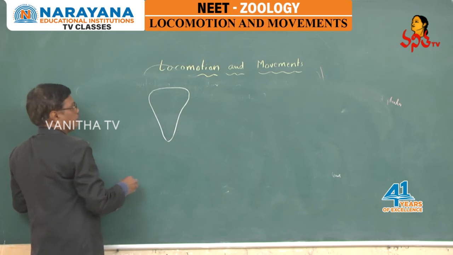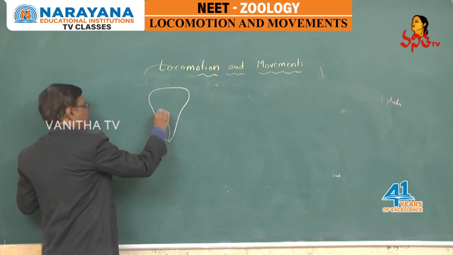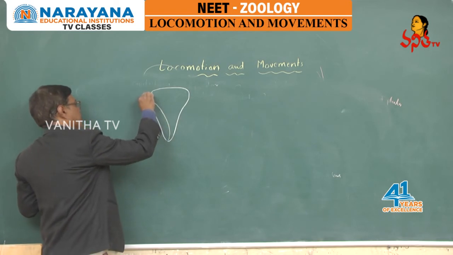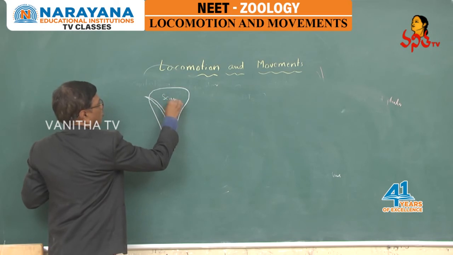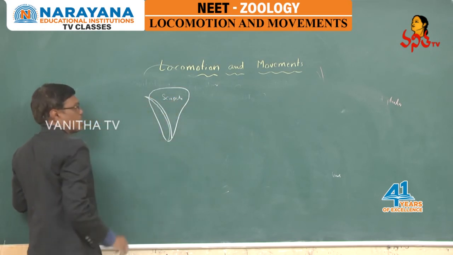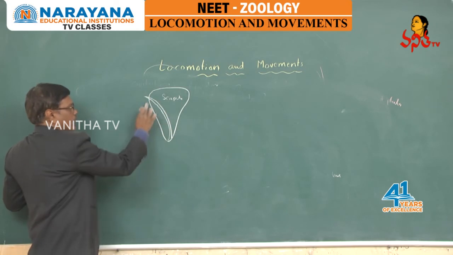This is the scapula. On the scapula, the coracoid is represented as the coracoid spine.